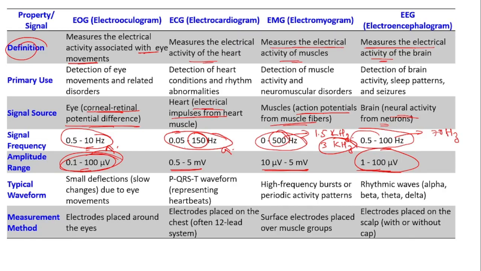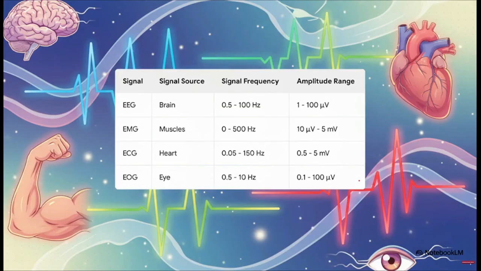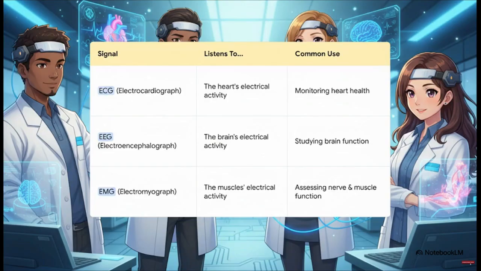But the problem with very high amplification is that it will not only amplify the signal components, but it will also amplify any noise components. So over here, the frequency and amplitude ranges have been tabulated.